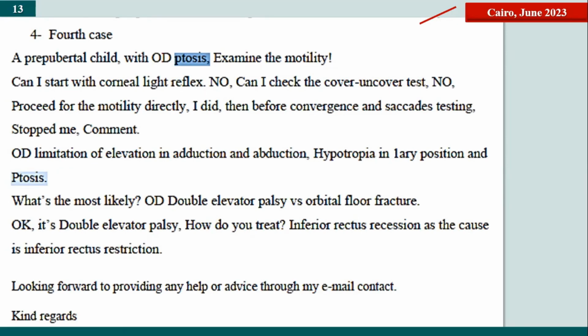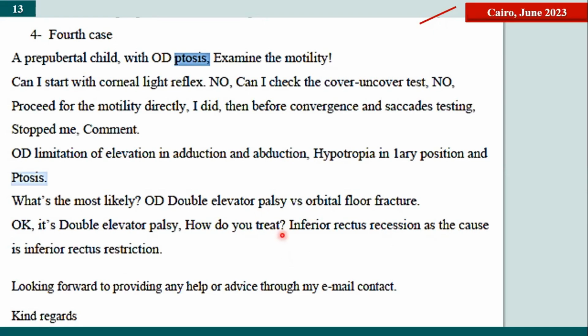Keep reading, please. So, right, double elevator palsy. This is orbital floor fracture. Okay, it's double elevator palsy. How do you treat inferior rectus recession as a cause of inferior rectus restriction? Okay, thank you.